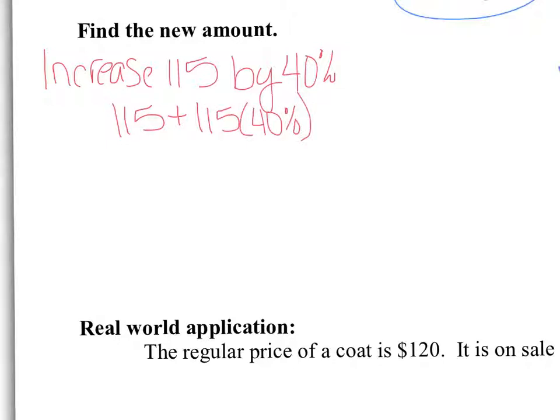What that means is I have the 115 and then I need to find 40% of 115. I need to add them together because it is an increase. So I first need to figure out what 115 times 40% is.